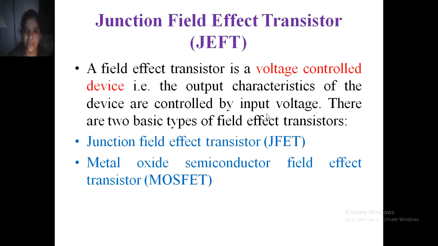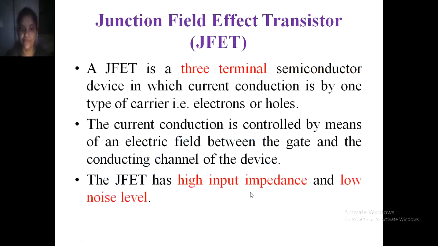FET is a voltage controlled device, that is, the output characteristics of the device are controlled by the input voltage. There are two basic types of FET, that is, the junction field effect transistor, JFET, and the metal oxide semiconductor field effect transistor, MOSFET.